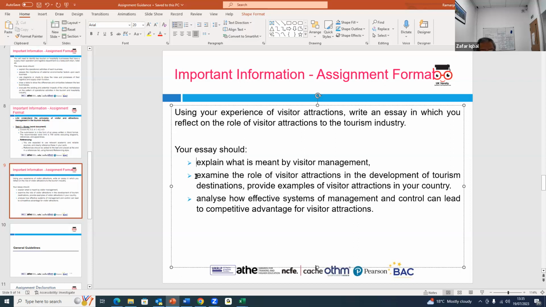So you look at the role, what role does this attraction management play? Why is it important? How is it important? What does it do to the industry? Why do we need it? Right.